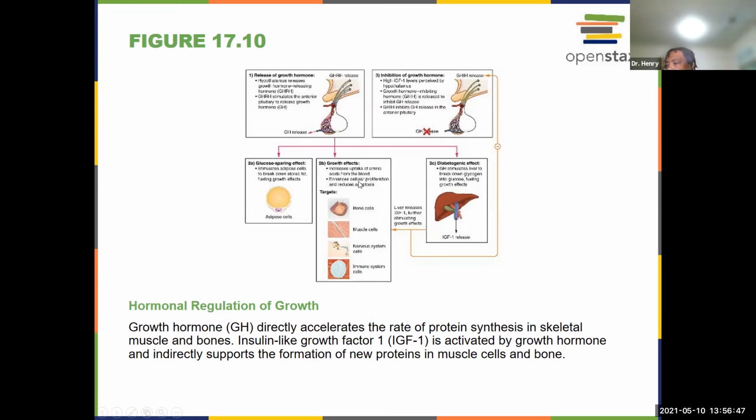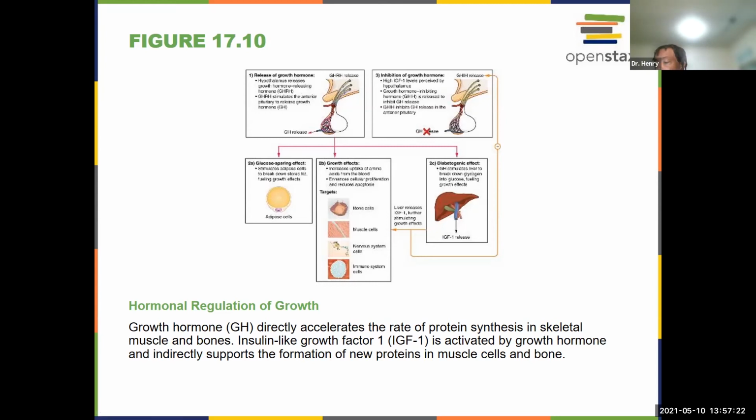And it's going to cause growth effects. So you're going to get an increase of amino acids from the blood. You're going to enhance cell proliferation, and the targets there are your bone cells, muscle cells, nervous system cells, and immune cells. The other effect is the diabetogenic effect.